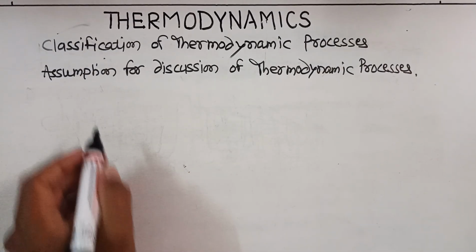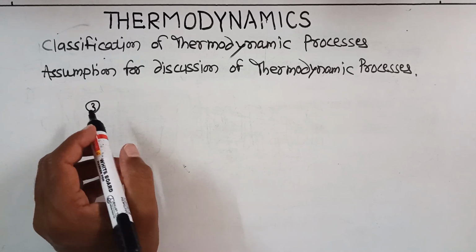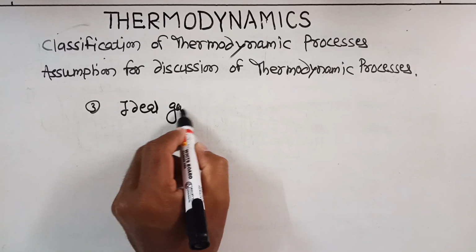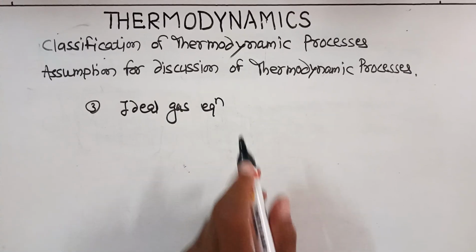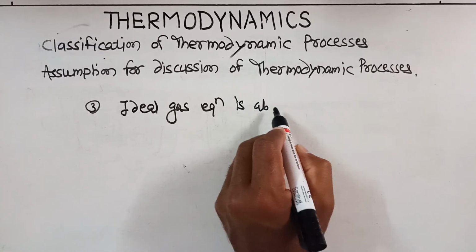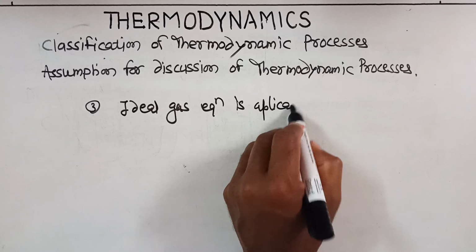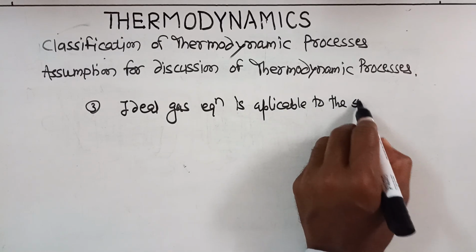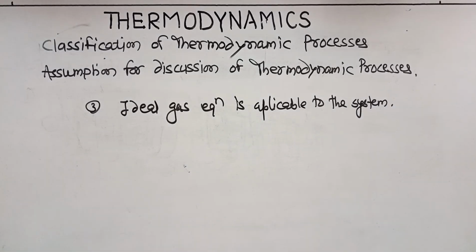Our third assumption is that the ideal gas equation is applicable to the system. So these are the assumptions required for the further classification of thermodynamic processes. Okay, thank you.